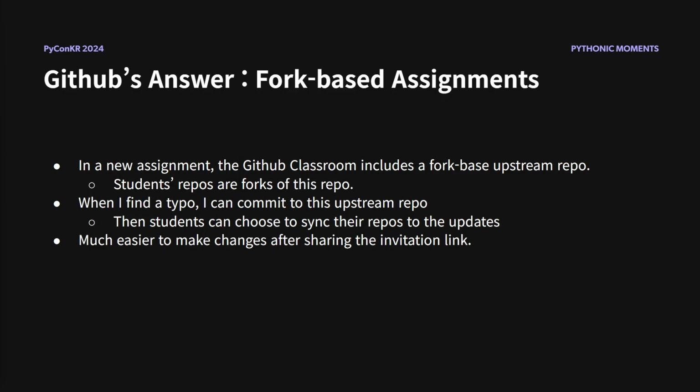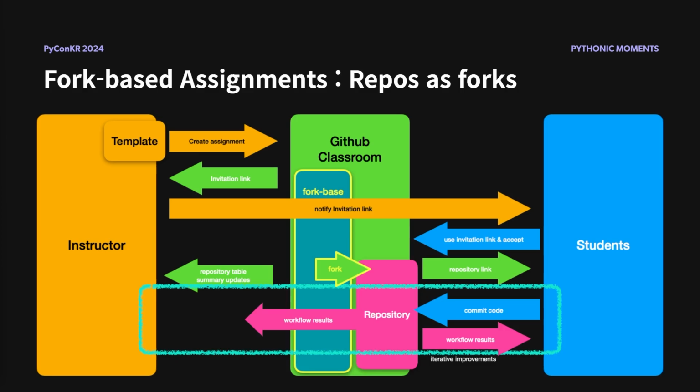So when I find a typo, I can commit to this upstream repository, and students can choose to sync their repositories to update them. This makes my job much easier to make changes after sharing the invitation links with the students.